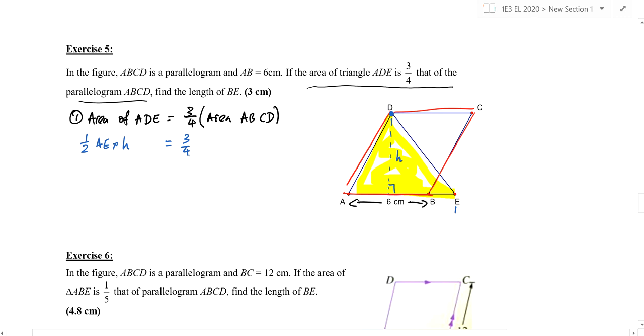Since we want H to be the perpendicular height, the base has to be AB, so AB times H. H and H will cancel off; by cancelling, I mean that we divide both sides by H, since it is the same. Now let us substitute AB with the value of 6.